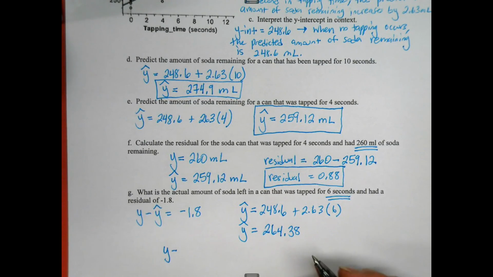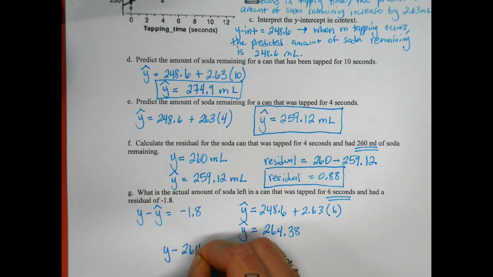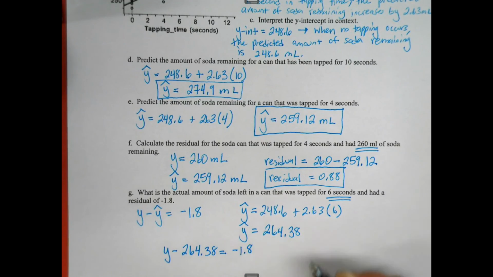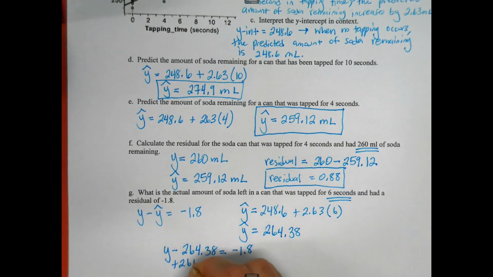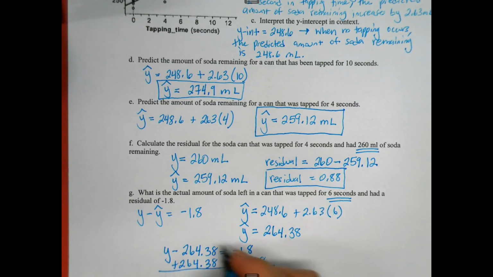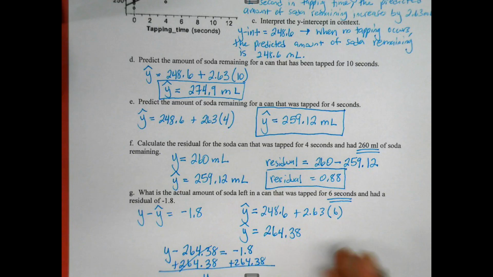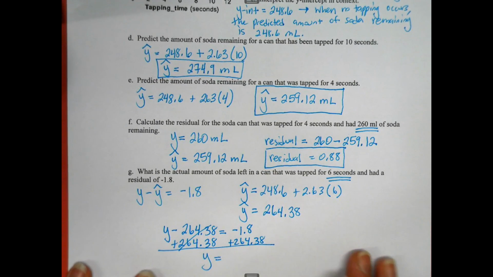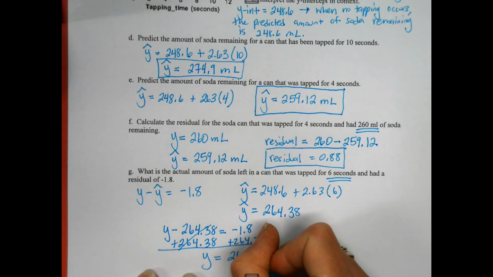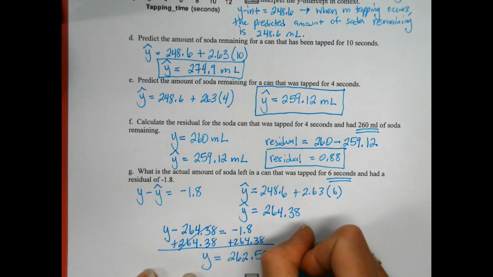So y minus 264.38 is equal to negative 1.8. I'm going to add 264.38 milliliters to both sides and find out that my actual amount was 262.58 milliliters.